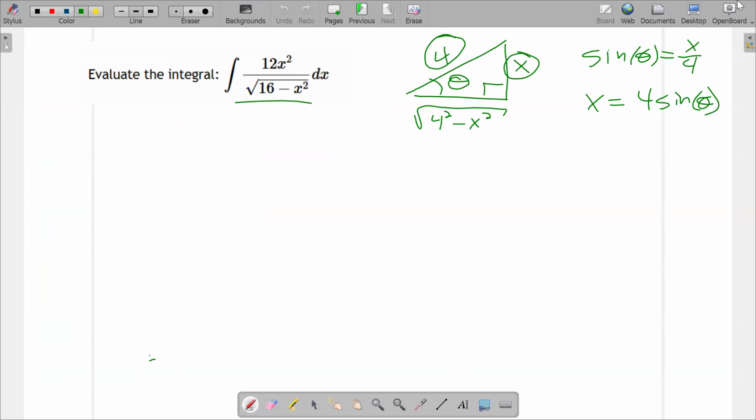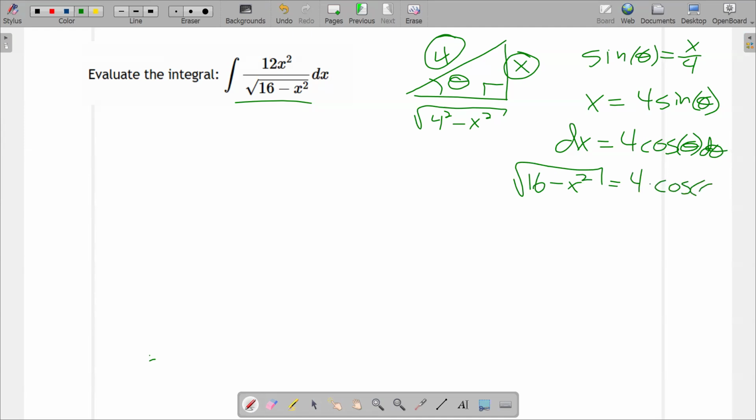I know what x is equal to, so right away I'm going to get my dx. My dx would be 4 times the cosine of theta d theta. And the square root is adjacent. Adjacent over hypotenuse, this is cosine. So in this case, the square root of 16 minus x squared should be 4 times the cosine of theta.